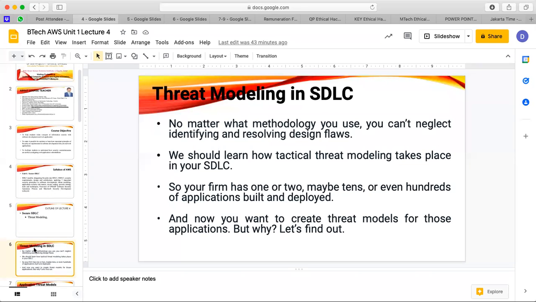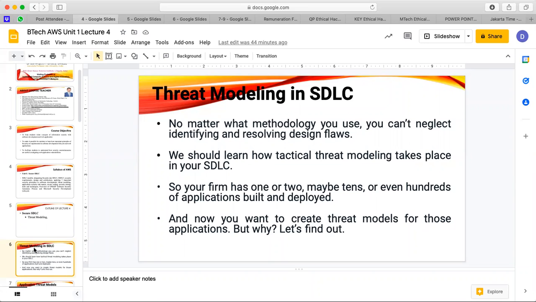So, what is threat modeling? And why should we model a threat in a software development lifecycle? The answer is, no matter what methodology you are going to use, you can't neglect identifying and resolving design flaws. We should also learn how tactical threat modeling takes place in your ongoing software development lifecycle.